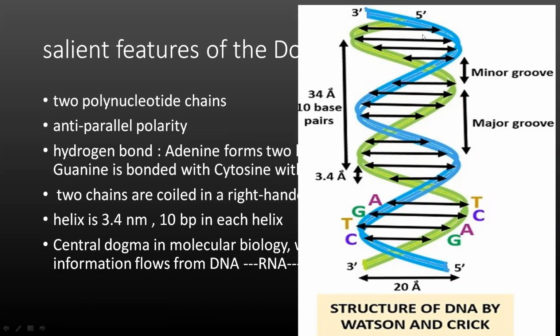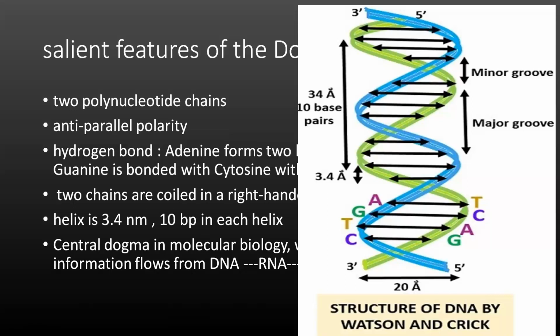So what is the gap between two base pairs? If the total is 34 Angstrom, what will be the distance between two base pairs? 34 divided by how many?